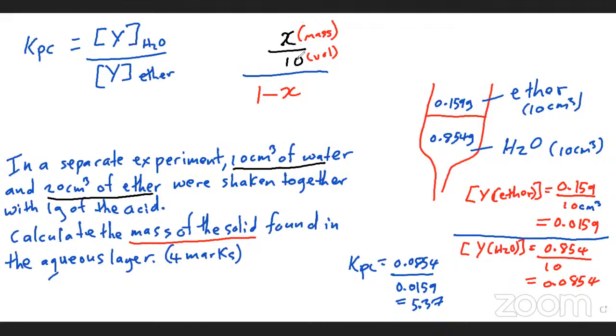So X over 10 here, that is mass concentration. 1 minus X would be finding the mass remaining in the other layer. All right, so 1 minus X here, that is mass. And they are dividing it by volume, which is, wait, not 10, 20.